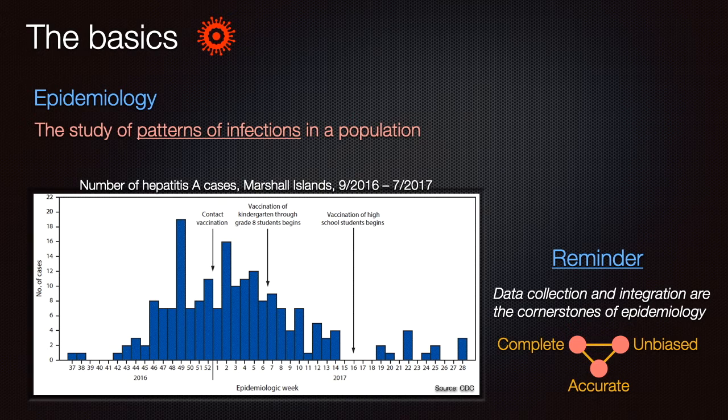Here we see where different populations were vaccinated over this time period. And then we can see the effect of those vaccinations on the patterns of infection. As a general reminder, data collection, data integration, these are the cornerstones of epidemiology, and they rely on data that is as complete, as accurate, and as unbiased as possible.